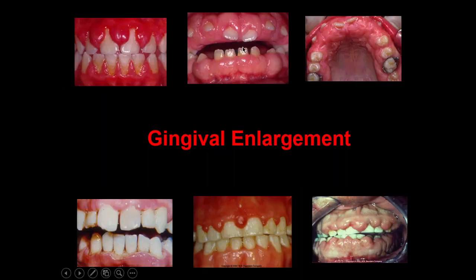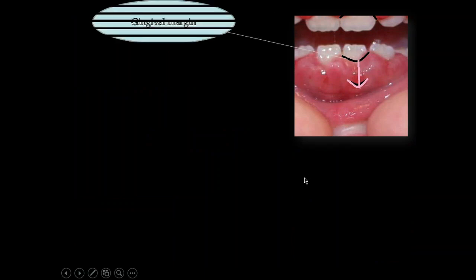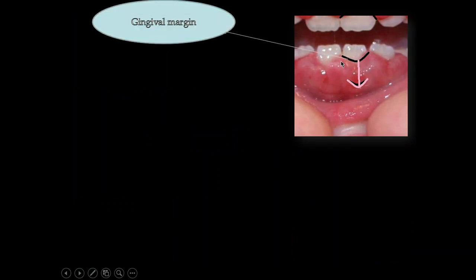In the case of enlargement, we have a short clinical crown and a great amount of free gingiva. So it is different. Just like this case, this is the gingival margin.